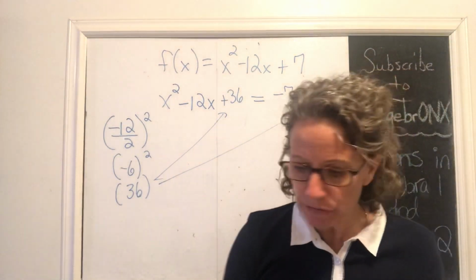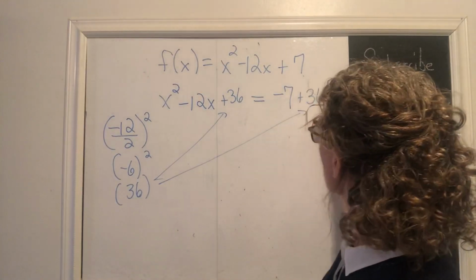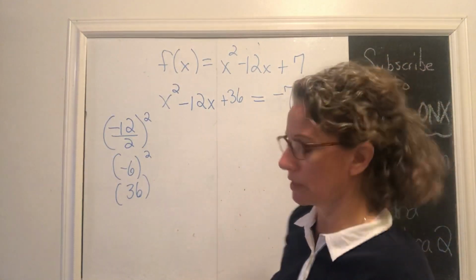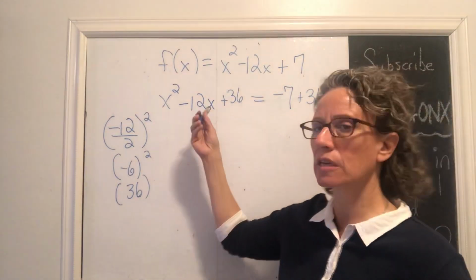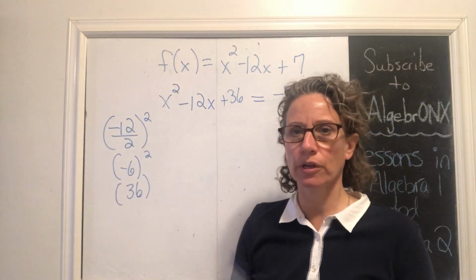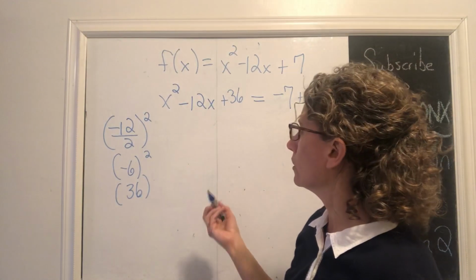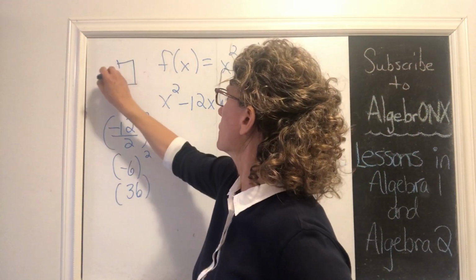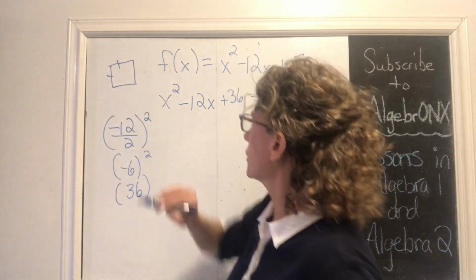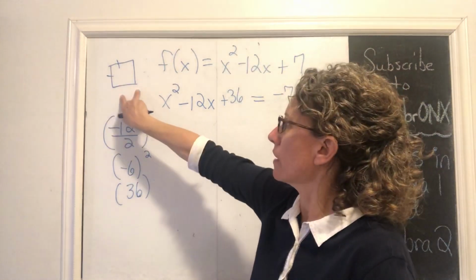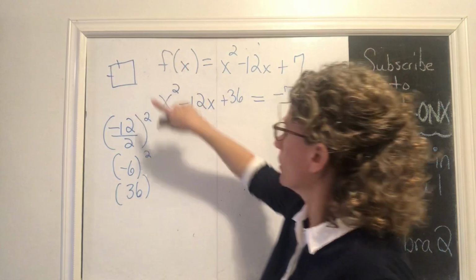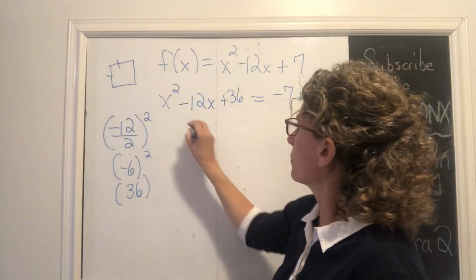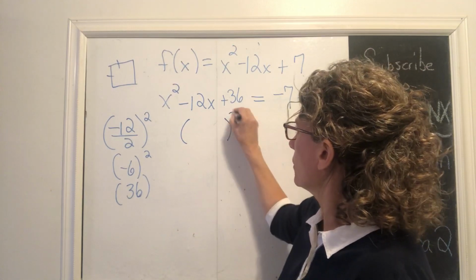Okay, now, after I've done that and I know what I'm adding to both sides, what I've created here is something called a perfect square trinomial. You know what a square is, right? A square has equal sides. If I represent this as a binomial times a binomial, the area would be this. So I'm going to rewrite this as a binomial squared.